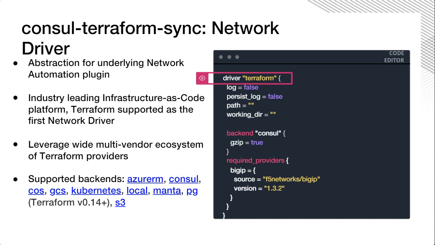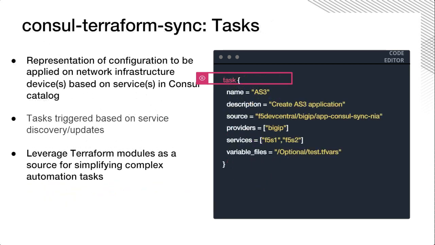In this code block, you're seeing the driver being initiated. We have the backend defined as Consul, and we're saying that we need the Big IP provider, which we're downloading from the Terraform registry. I then use that in what we call tasks. Tasks are basically a snippet that says, Terraform, I need you to execute this when these changes happen.